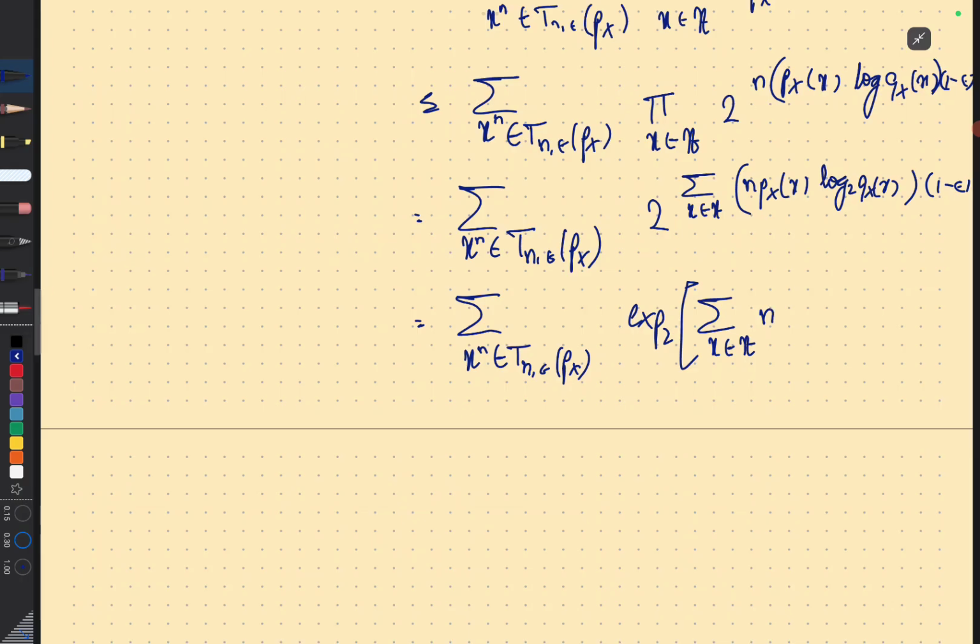So the exponent is n times p_X(x). I'll write this as minus log 1 over q_X(x) times 1 minus epsilon.